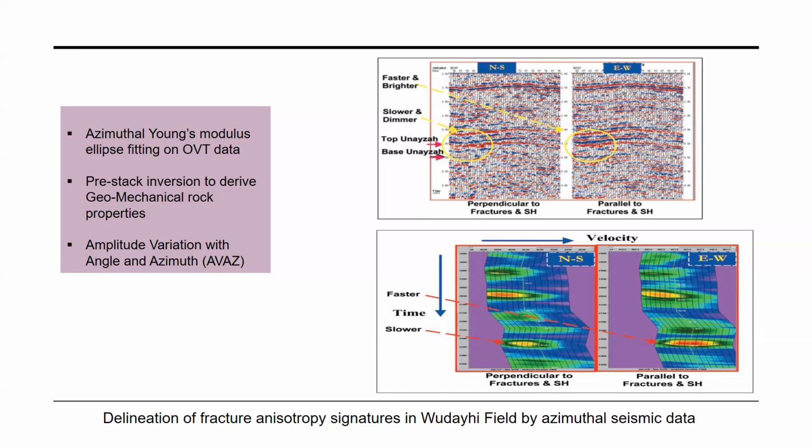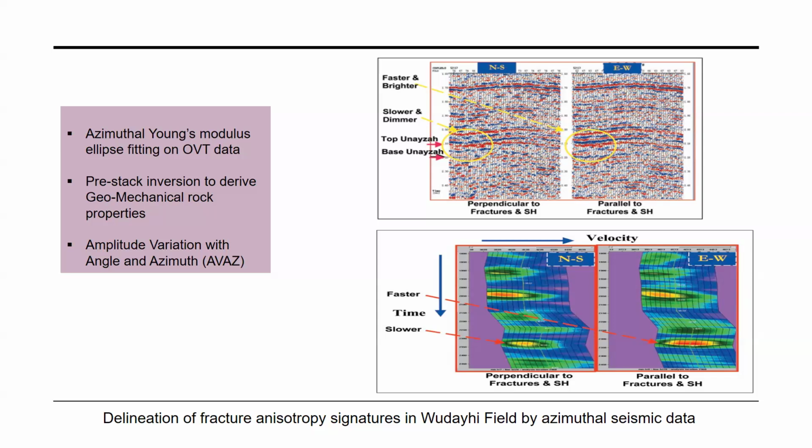Now I will take a pause and try to accumulate what we have been discussing so far. We have covered the understanding of what fault and fracture is. We have talked about the orientation of fractures.